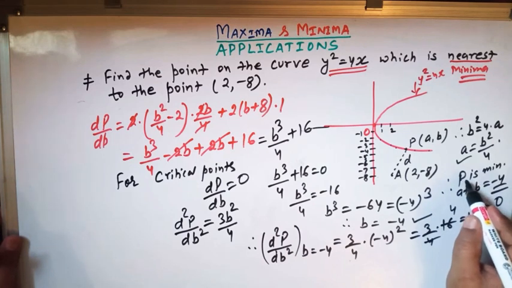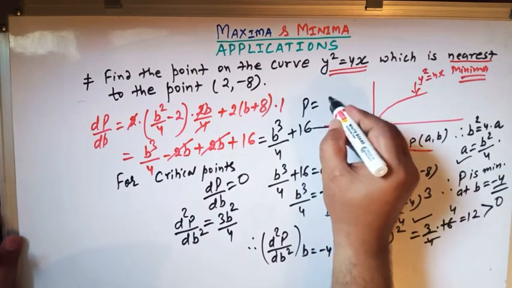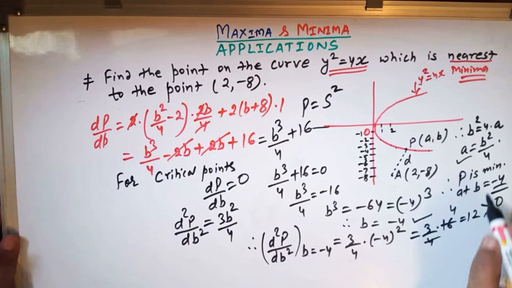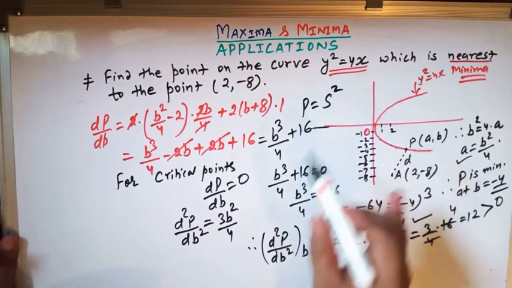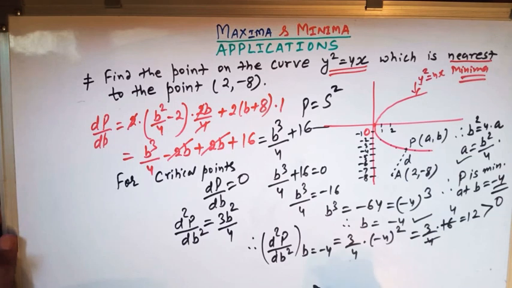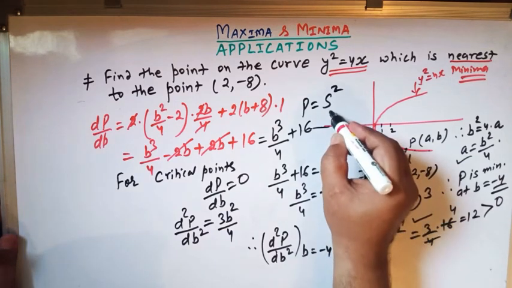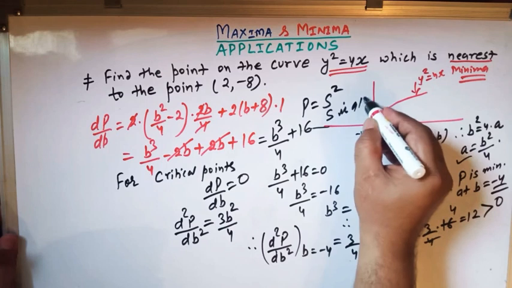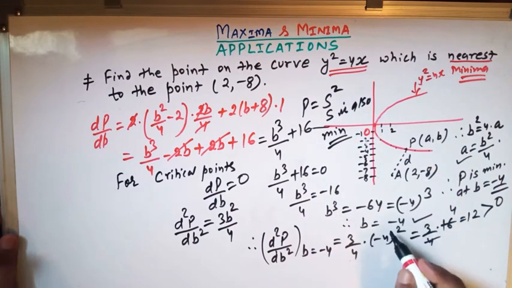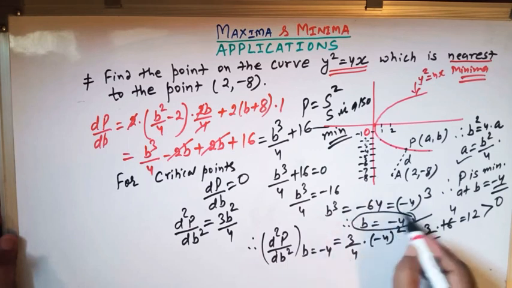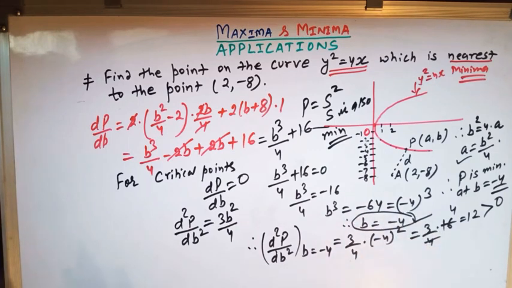And what was p? p was our s square. So p is minimum, therefore s square is also minimum, and when s square is minimum, s is also minimum. Clear? Okay, so therefore we have b is equal to minus 4.